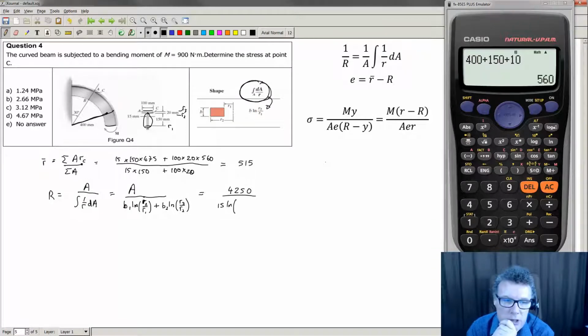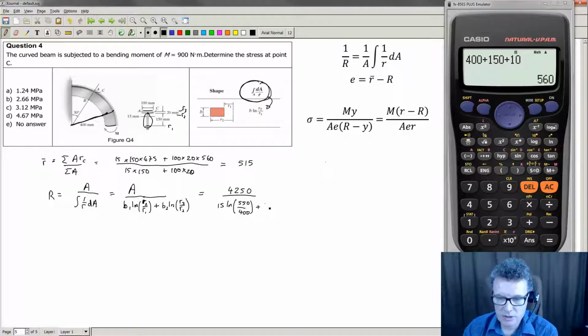So the R is the distance from here to here, so it's the total distance. Don't get confused. R1 doesn't start at 0. R0 is there, so we've got R1 is going to be 400 millimeters. So if it's 400 millimeters to here, we need to add on another 150. So that makes it 550 millimeters to there.